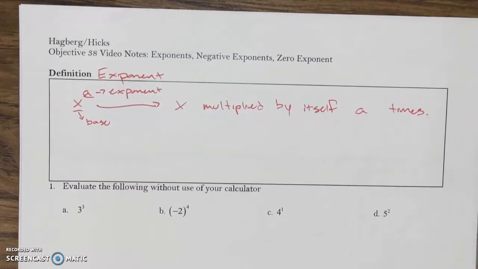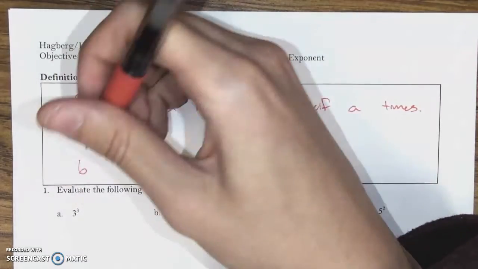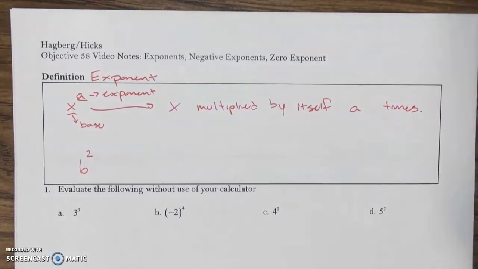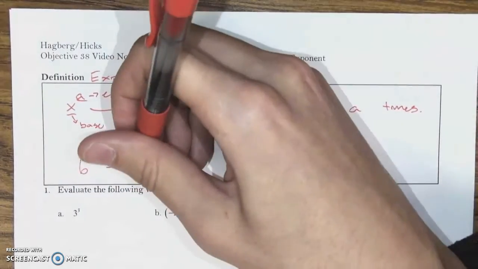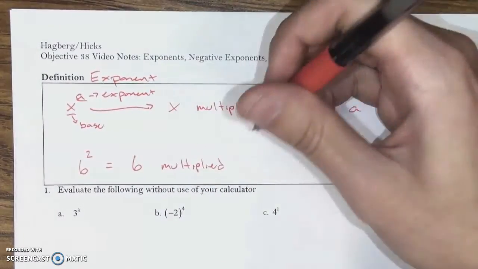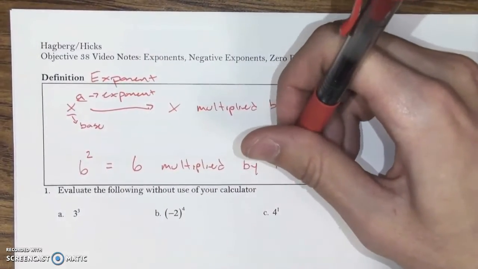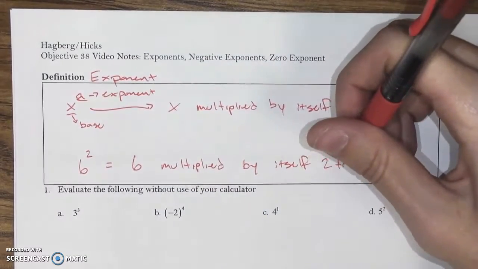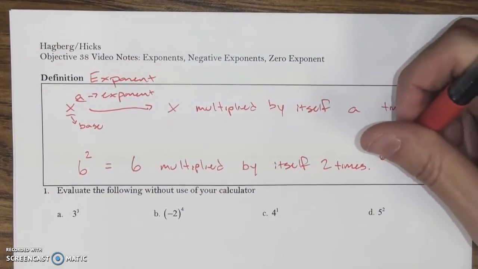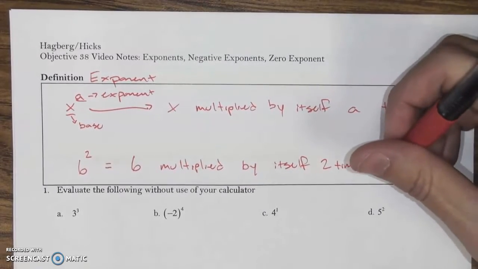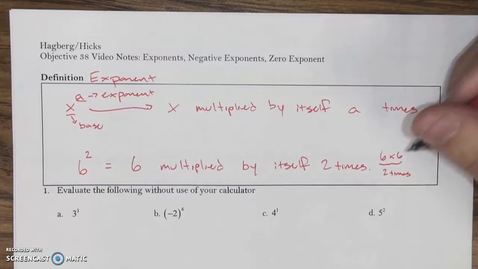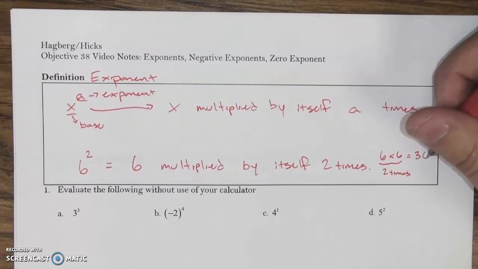So an example of that, if we have 6 raised to the second power, that means 6 multiplied by itself 2 times. So we would write this out, 6 times 6, where this would be 2 times. Well, we know 6 times 6 is 36.